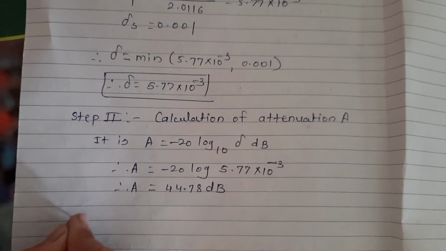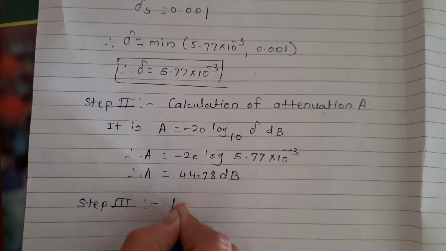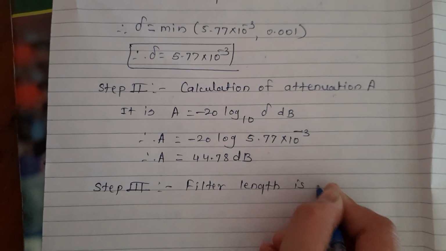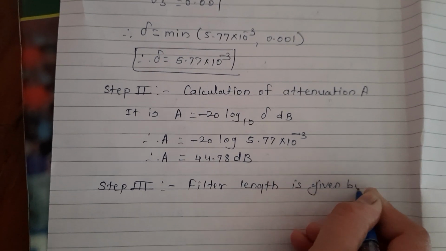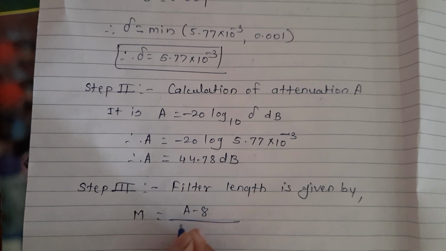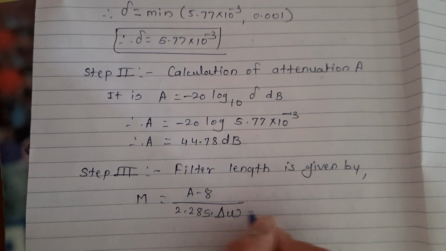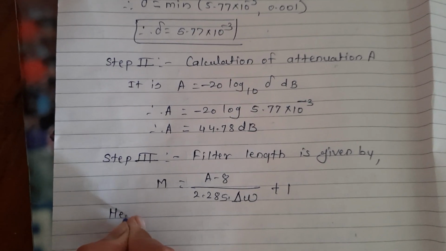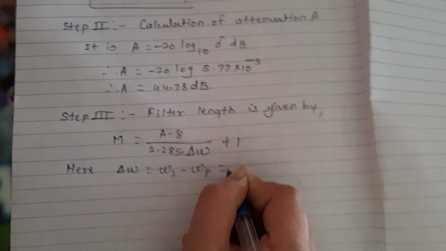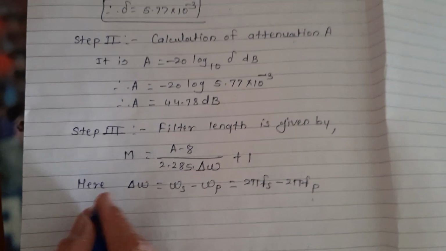Now next is step 3. The filter length is given by M is equal to A minus 8 divided by 2.285 delta omega, plus 1. Here what is delta omega? It is equal to omega S minus omega P, that is 2 pi Fs minus 2 pi Fp. What is Fs?